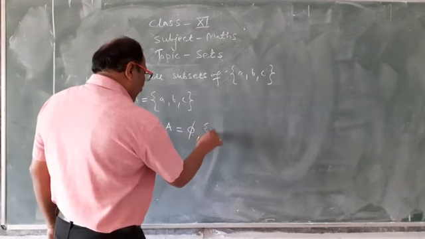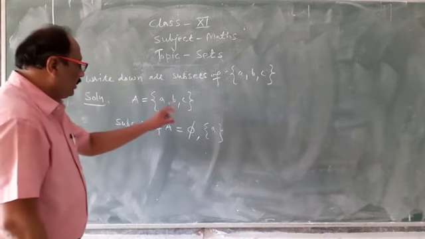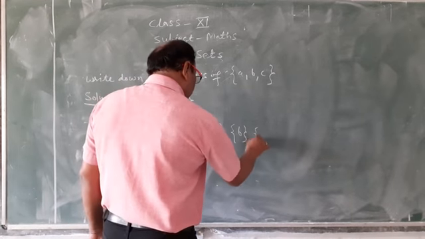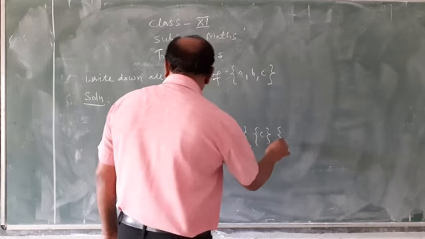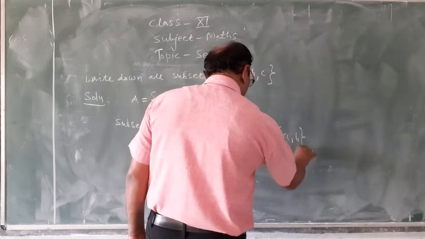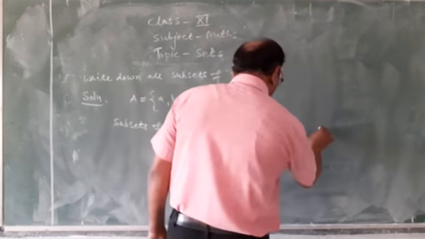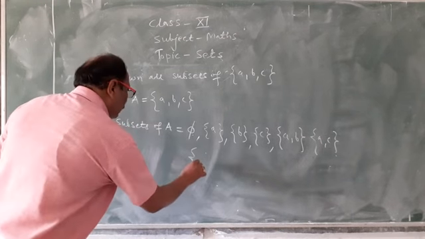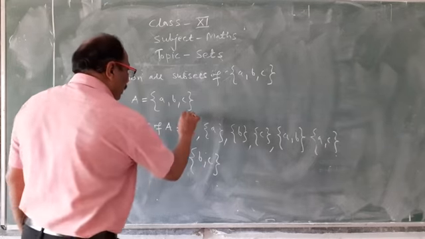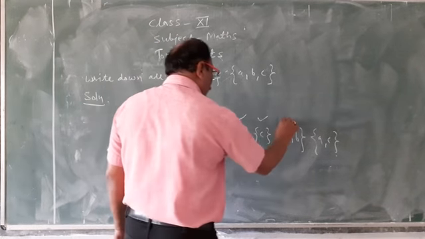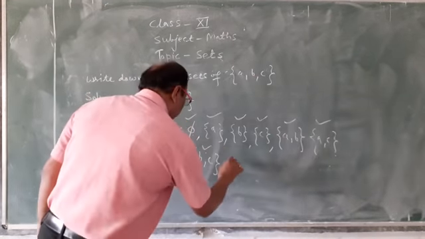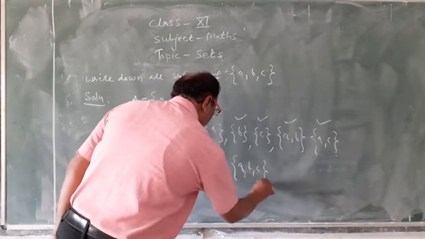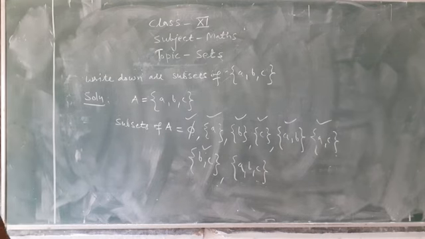Second, set {a}. Yes, a is present here also. Set {b}. Yes, set {c}. Then the sets {a, b}, {a, c}, {b, c}, that means 1, 2, 3, 4, 5, 6, 7, and the last one is the set itself, {a, b, c}, that means 8.